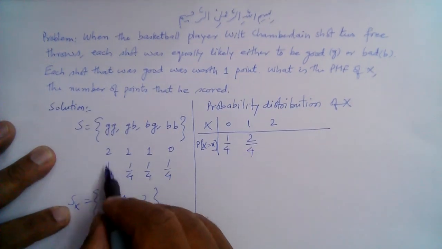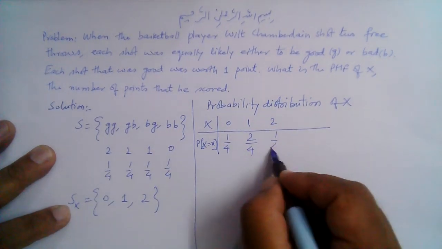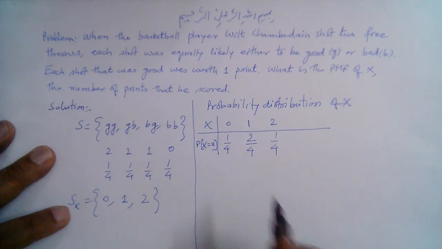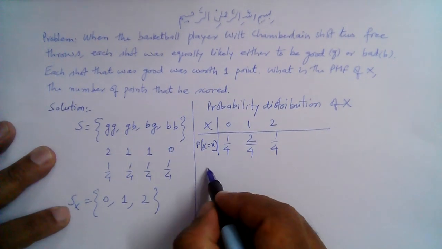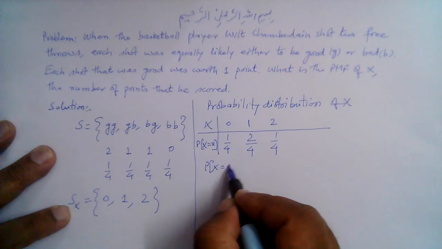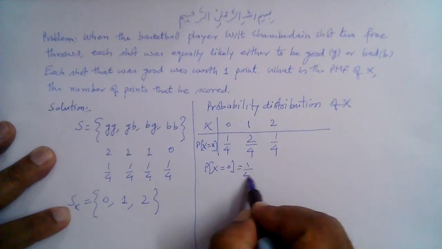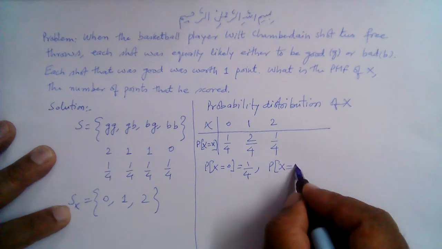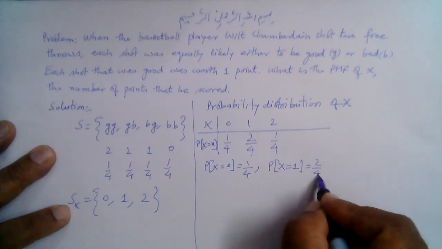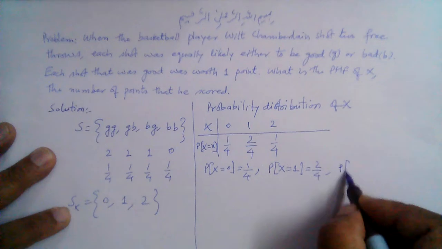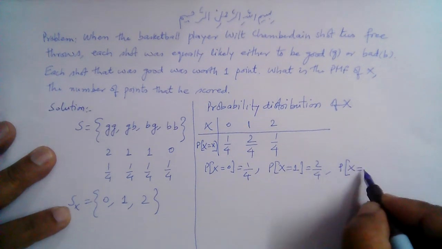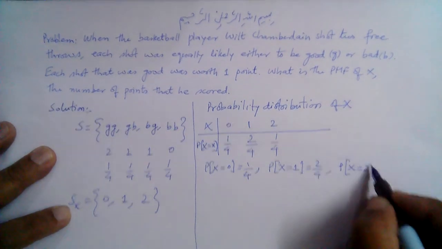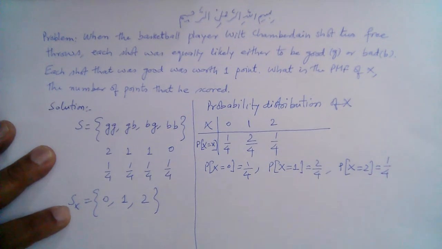And probability of scoring 2 points is 1 over 4. So in other words, the probability that X is equal to 0 is 1 over 4. The probability that X takes on value 1 is 2 over 4, that is 1 over 2, and the probability that X takes on value 2 is also 1 over 4.